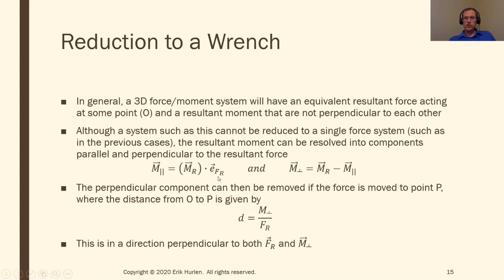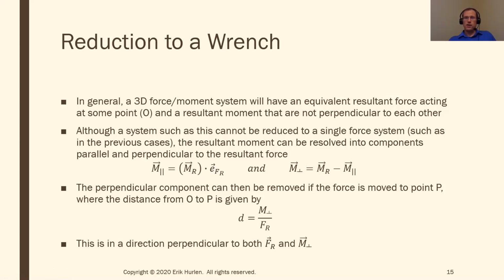In this case, the direction I want is the resultant force direction, so unit vector eFR, the direction of my resultant force. Take the dot product with the overall moment, and that gives me the parallel component of that moment, parallel with respect to the resultant force. And basically I can take that resultant moment and break it down into parallel and perpendicular components.